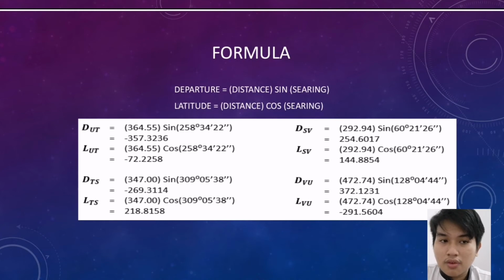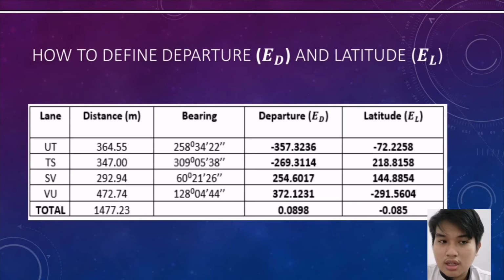So we conclude for all. We get for departure, for UT, negative 357.3236, TS negative 269.3114, for SV 254.6017, and the last one VU 372.1231.